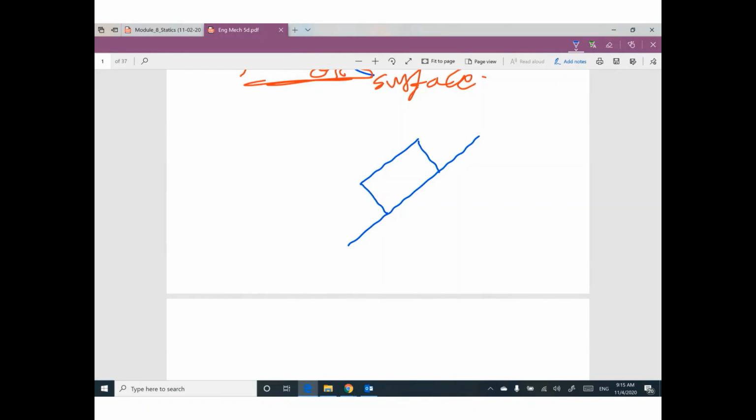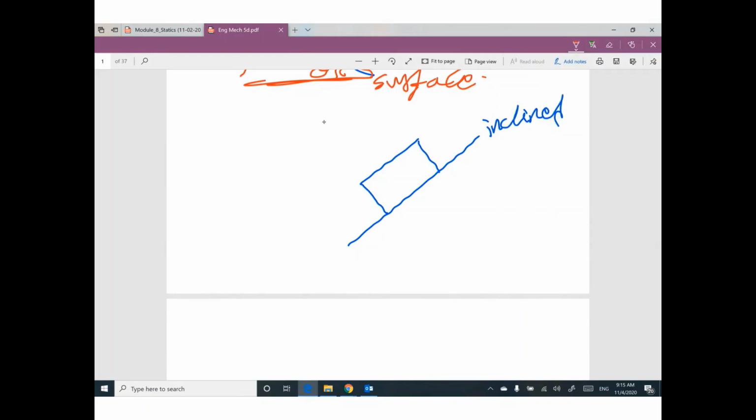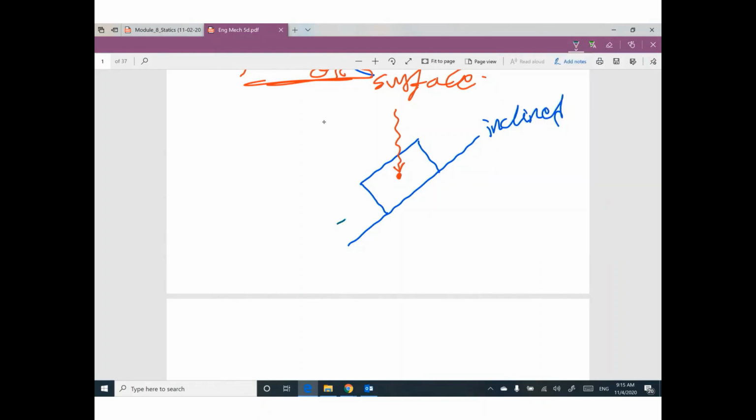I didn't push this box, but because this surface is inclined, the box slid. Why? I need to explain it today. Because this box has a vertical weight, and this vertical weight is broken into two components, one parallel to this surface and the other perpendicular.